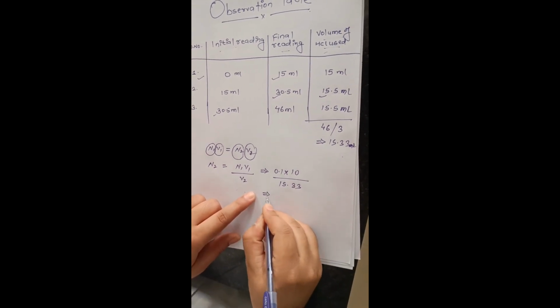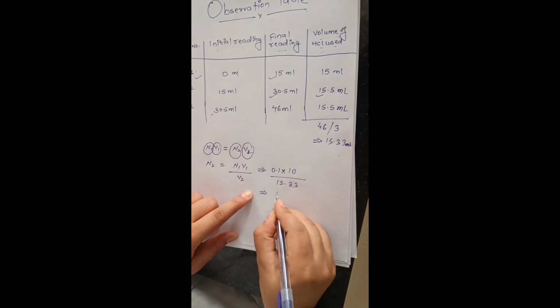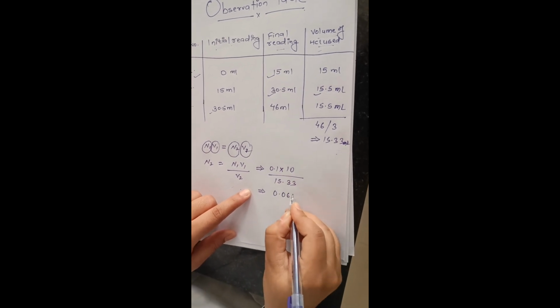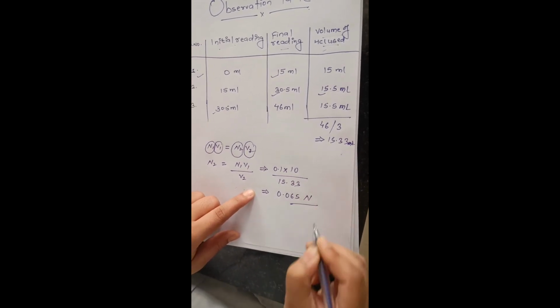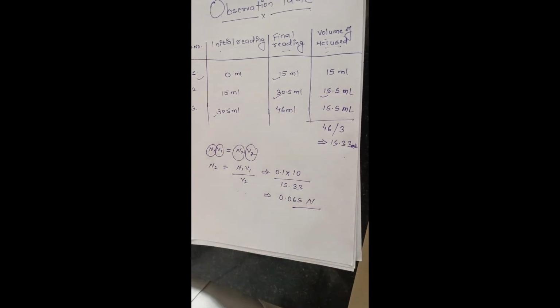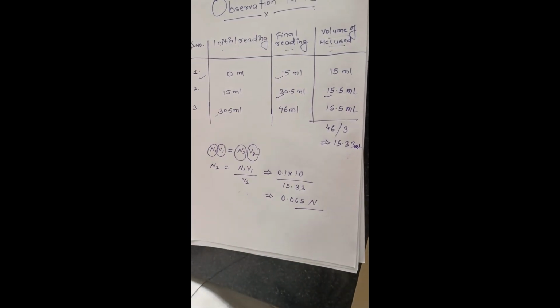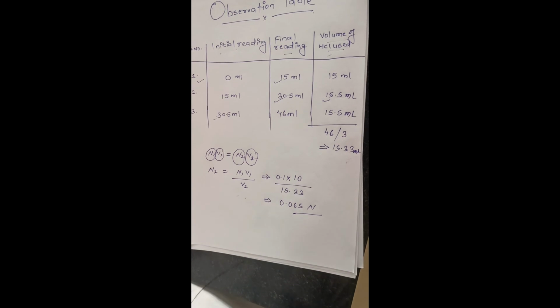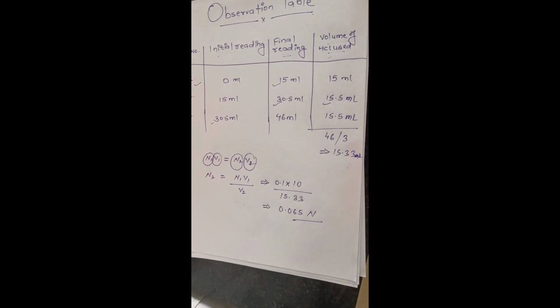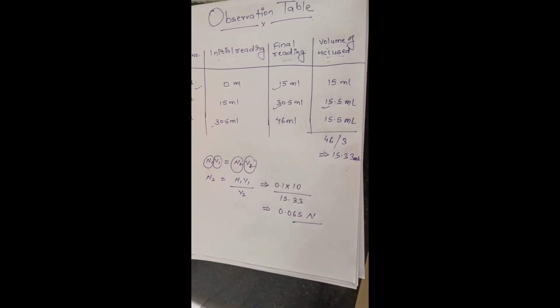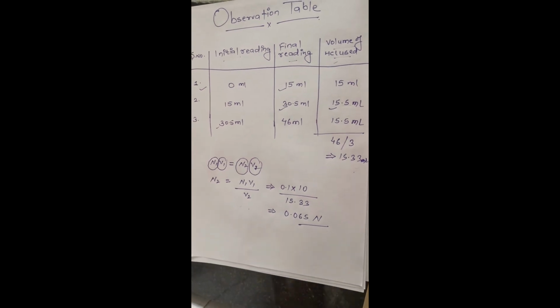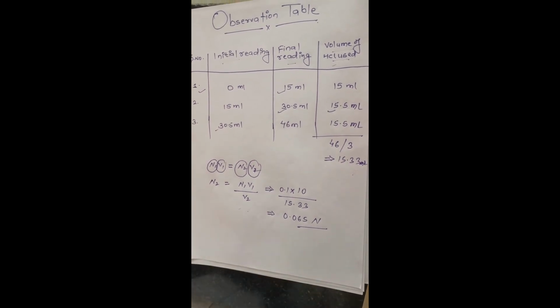So after calculating, the value was 0.065. So the normality of HCl was found to be 0.065, and by this method we can standardize our HCl, that is our secondary standard. So this is all about the standardization of HCl by using sodium carbonate.